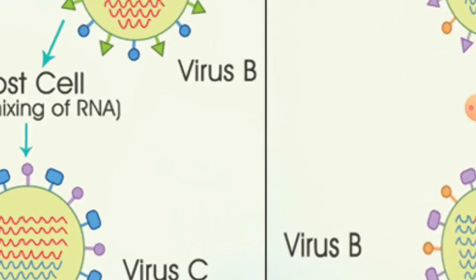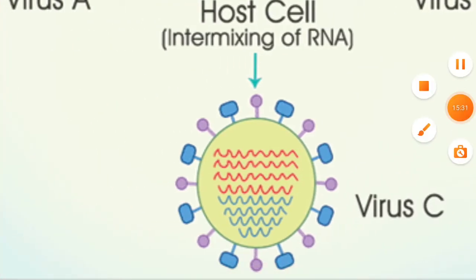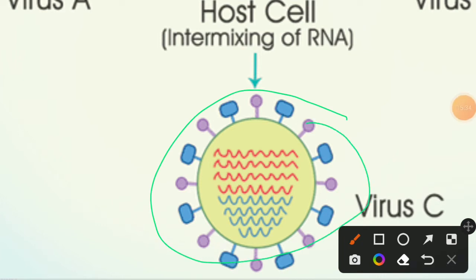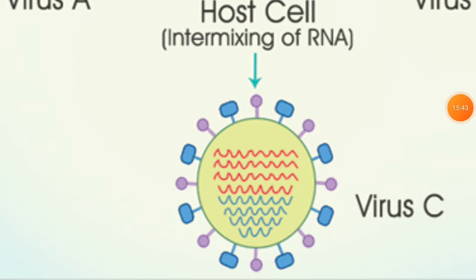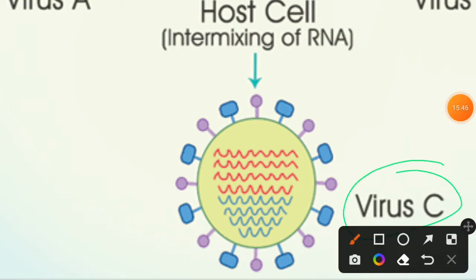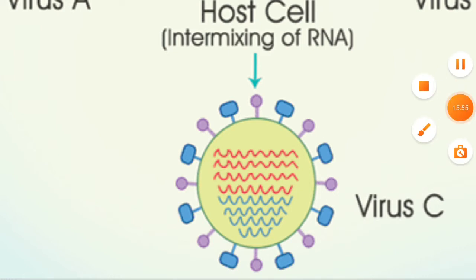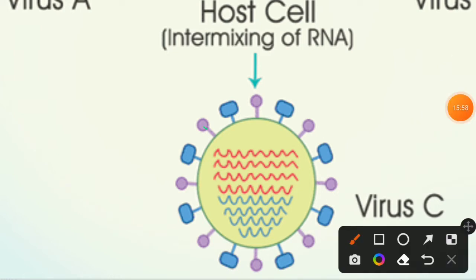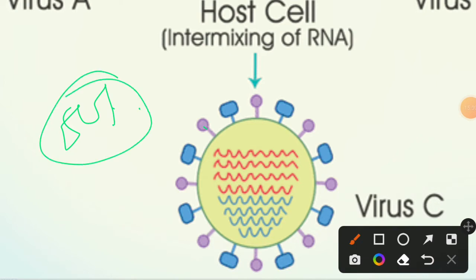As a result, a new virus called virus C is formed, having 4 red RNA genome and 4 green RNA genome. And as a result, it ultimately facilitates the formation of a new viral strain, and that obviously causes changes in the hemagglutinin and neuraminidase. But here the change is drastic, because remember, 50% of the genomic content here is changed, right?